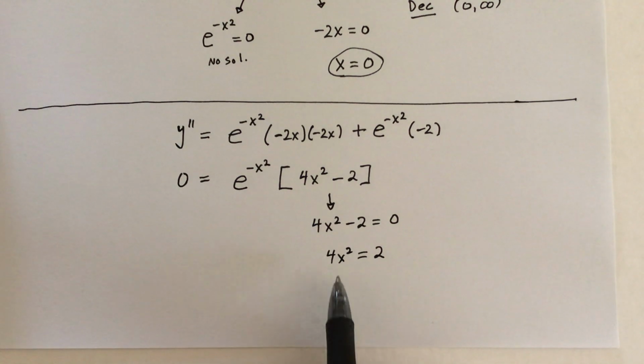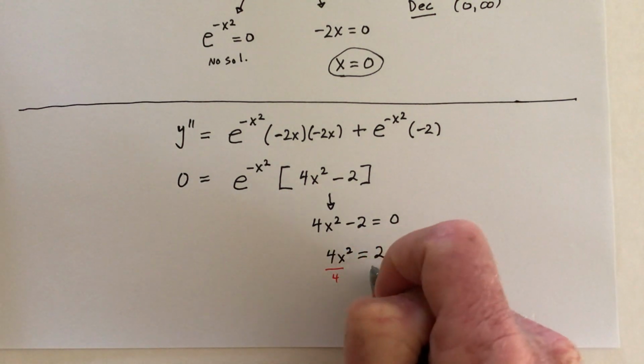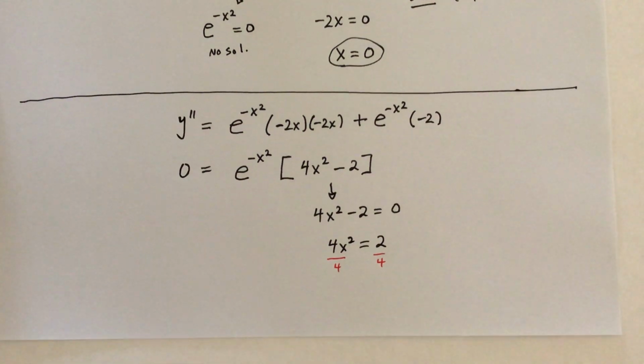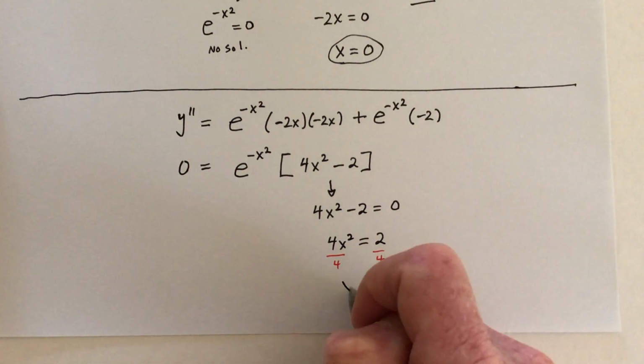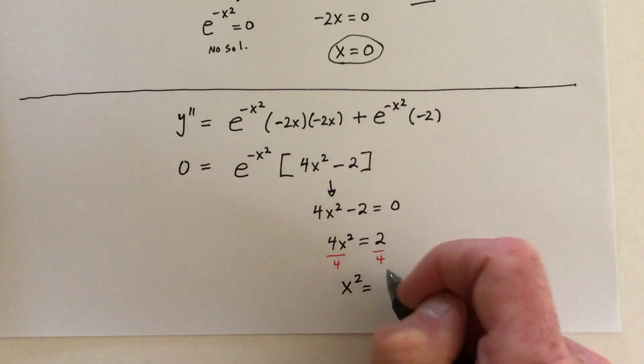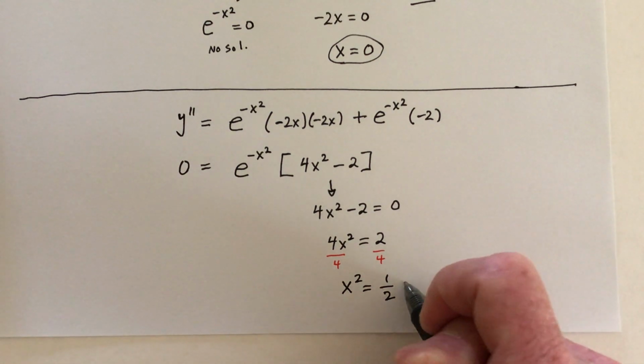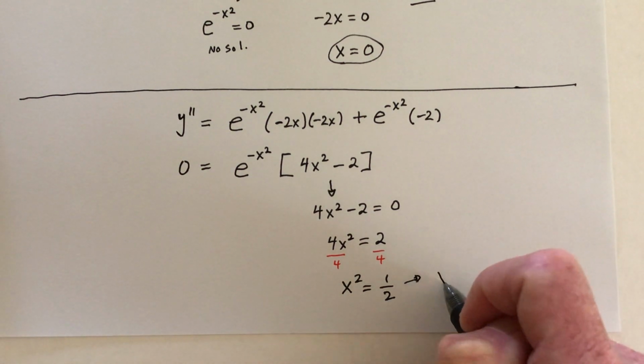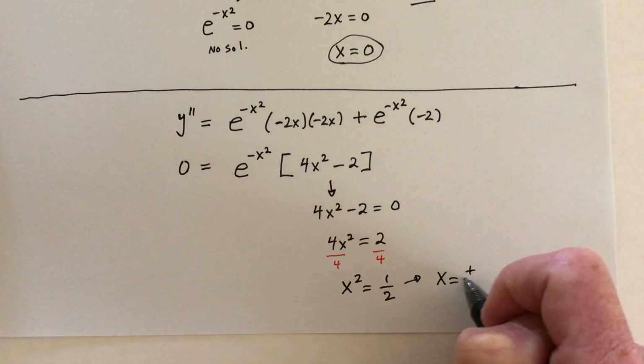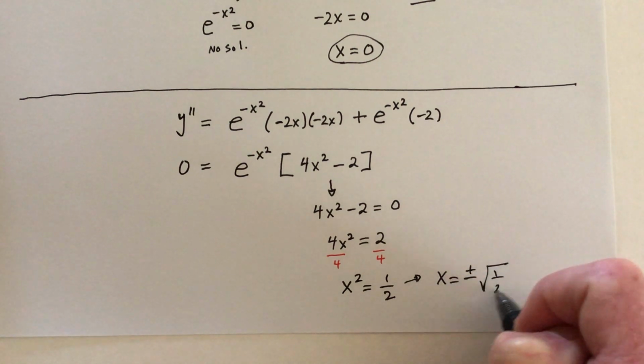The next thing to do is divide both sides by 4. So on the left side, we only have x squared, and then 2 divided by 4 is a half. And then finally, to solve for x, take the square root. And when you do, there's actually two answers. There's plus and minus, the square root of a half.